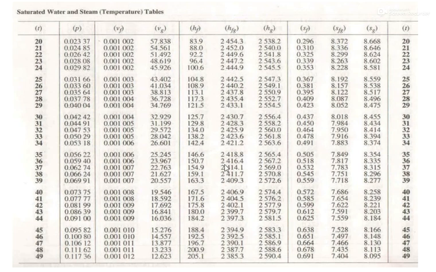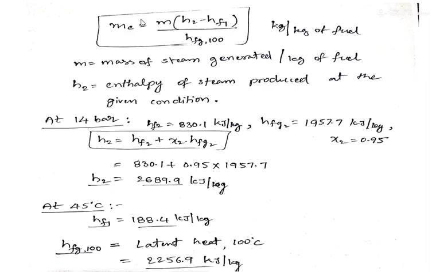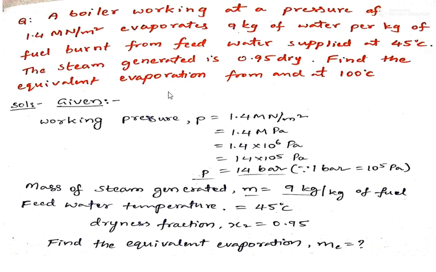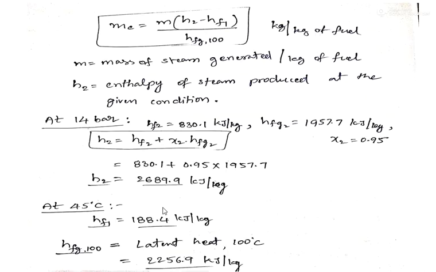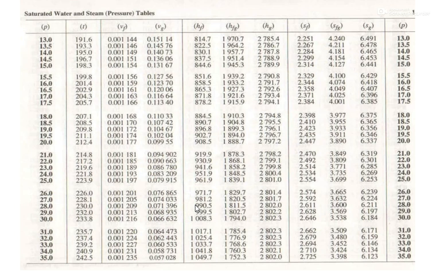You have to find the table from the data book. We have temperature based tables and pressure based tables. In the question the feed water temperature of 45 degrees is given, so we have to take it on the basis of temperature only. At 45 degrees centigrade, what is the enthalpy of the feed water?